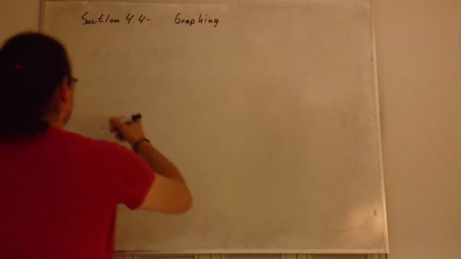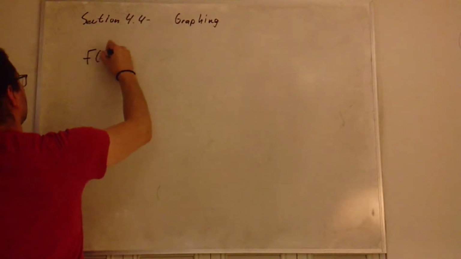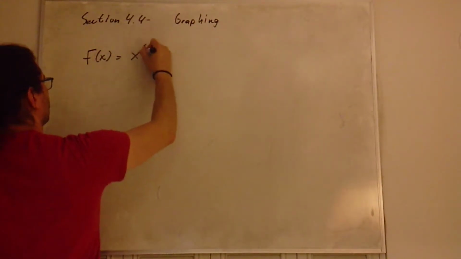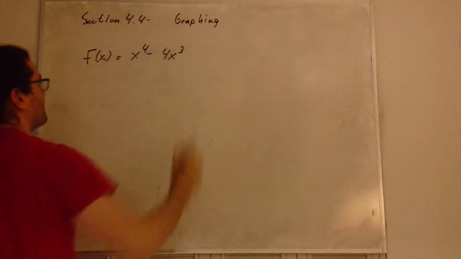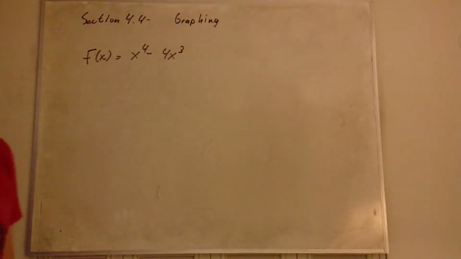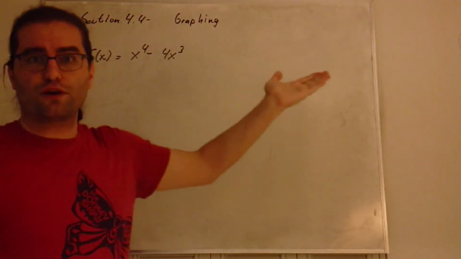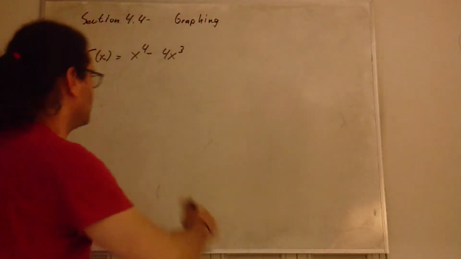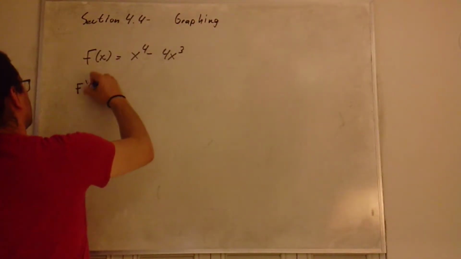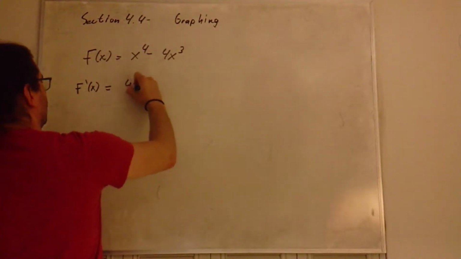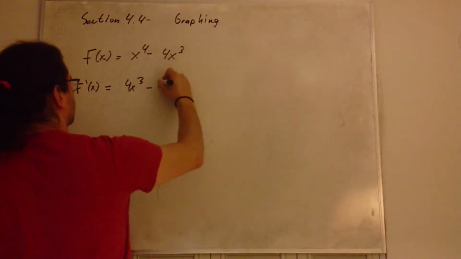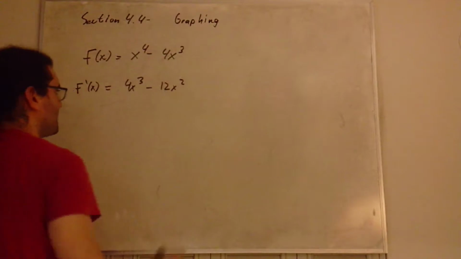I'm going to start with a fairly straightforward one. We'll start with f of x equals x to the fourth minus 4x cubed. This is a fourth degree polynomial. I want critical points, because those are going to turn into my maxes and mins. So f prime of x equals 4x cubed minus 12x squared.